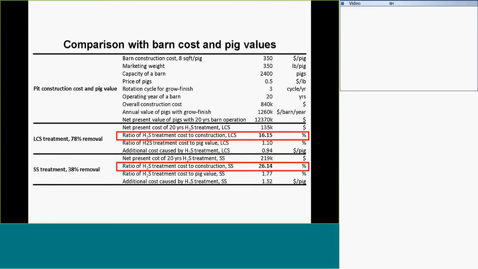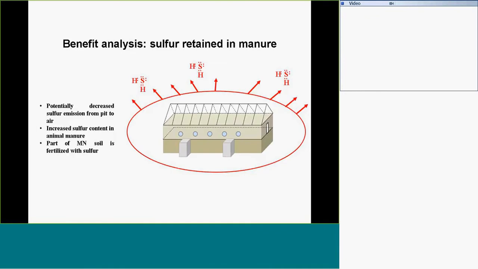The data is there, and we will see if some people from the Minnesota National Park Board will be interested in this concept and do a pilot scale testing for a full barn, if not a full barn, maybe a research barn with a couple hundred pigs. With this technology installation, we reduce the hydrogen sulfide emission, and we can imagine that sulfur concentration in manure will be increased.